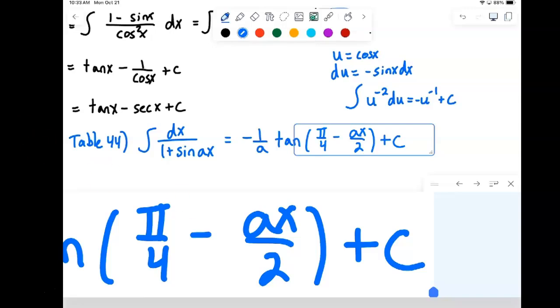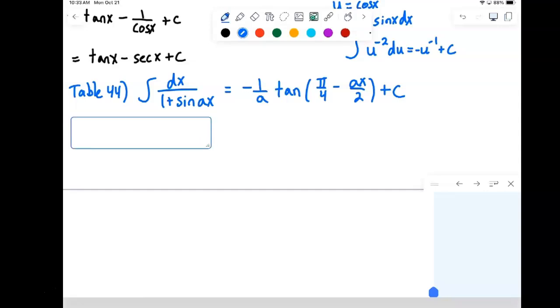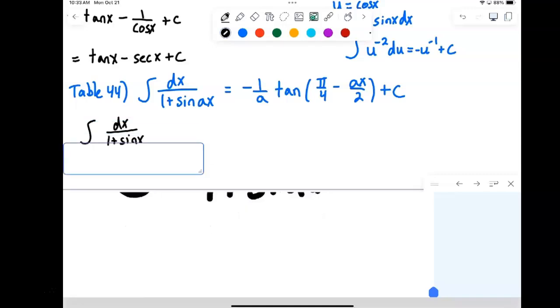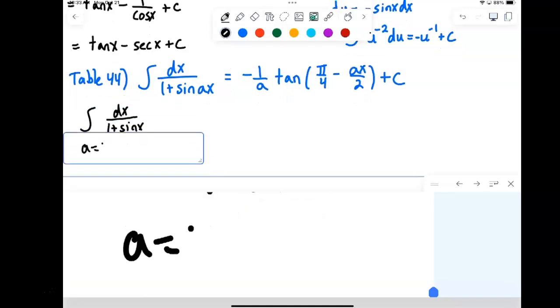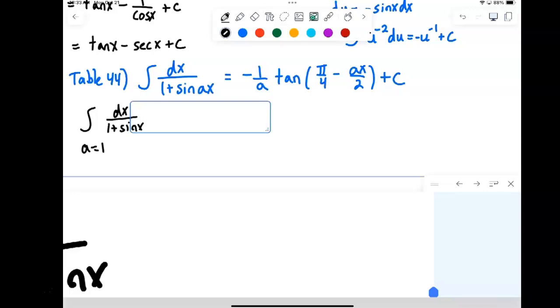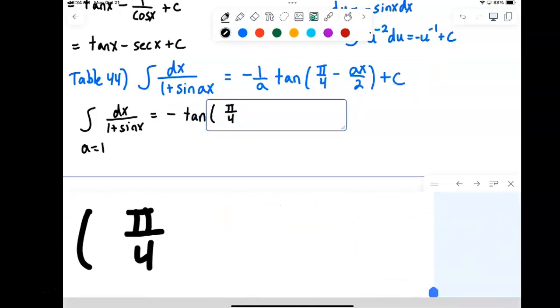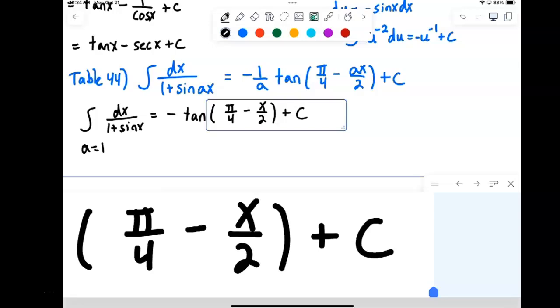So our original integral of dx over 1 plus sine x fits that format where a in our problem is equal to 1. So ours would be minus 1 over a, so minus 1 tangent of pi over 4 minus ax over 2 plus a constant.